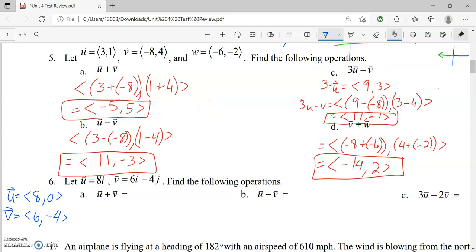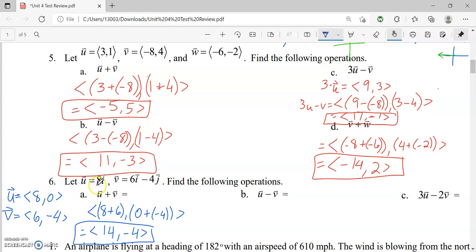So really all we're looking at doing with this stuff then is taking u plus v like we did before. So 8 plus 6, 0 plus -4. 14, comma, -4. See, it doesn't change.